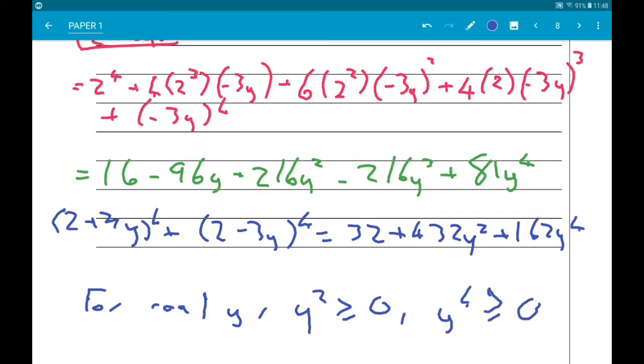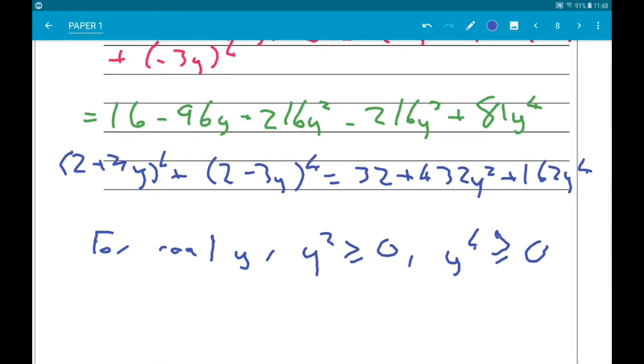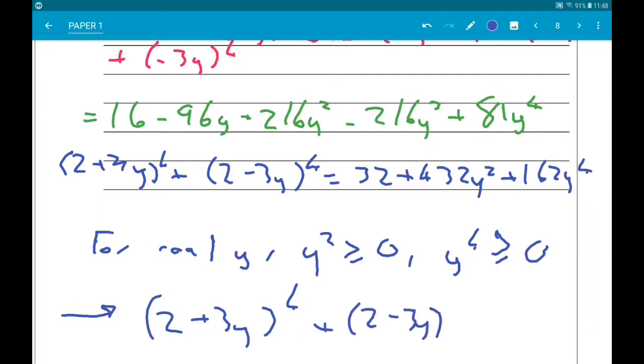So if y was 0, then the sum would be 32. For any other value of y, the answer is going to be greater than 32. So we've proven it. Therefore, 2 add 3y to the 4, add 2 minus 3y to the 4 is indeed greater than or equal to 32.